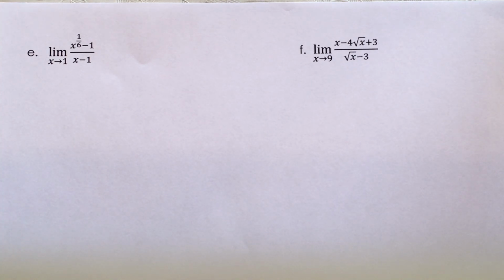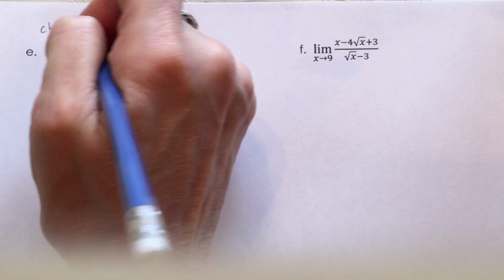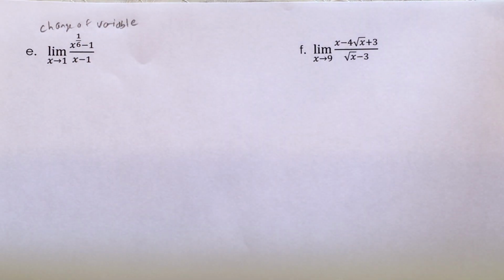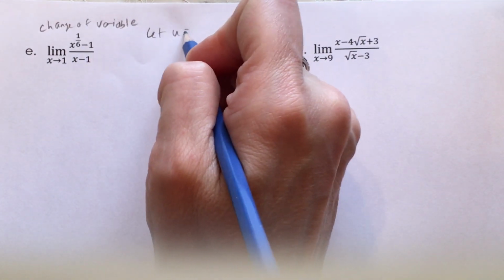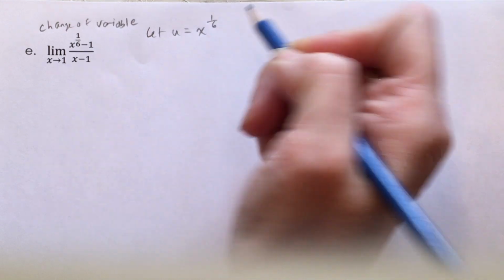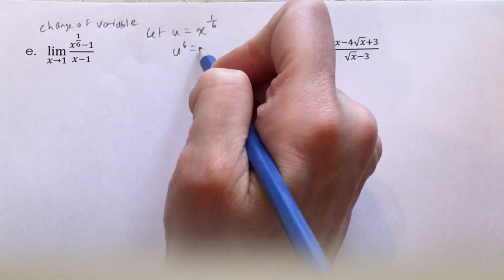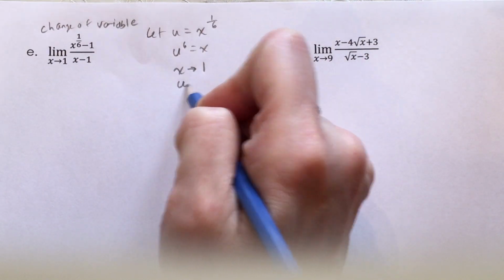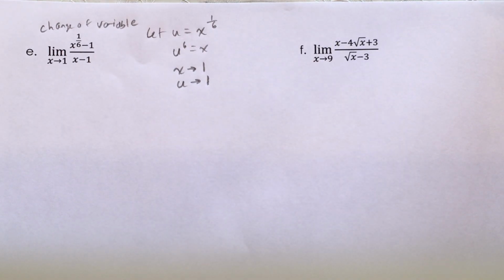All right, we see the x to the 1/6, so we're probably thinking change of variable for this one, hopefully. So if we're using change of variable, I would let u be x to the 1/6, both sides to the power of 6, so u to the 6 would be x. As x approaches 1, u approaches 1 to the 1/6, which is also 1.